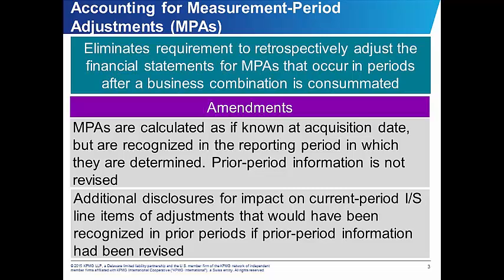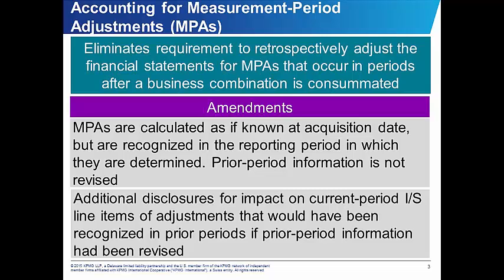Then, during the measurement period, when new information is obtained about facts and circumstances that existed as of the acquisition date that, if known, would have affected the measurement of the amounts initially recognized, the acquirer must retrospectively adjust the provisional amounts recognized at the acquisition date to reflect that information with a corresponding adjustment to goodwill. The acquirer also must revise comparative information for prior periods presented in financial statements, including making changes to income effects as a result of changes made to provisional amounts.